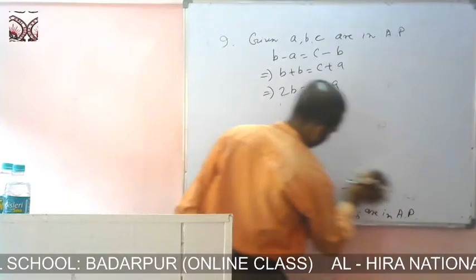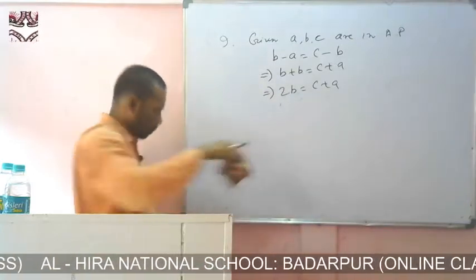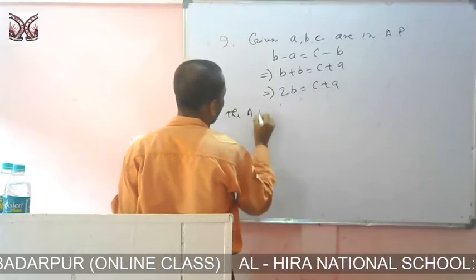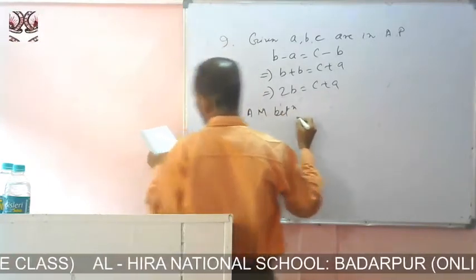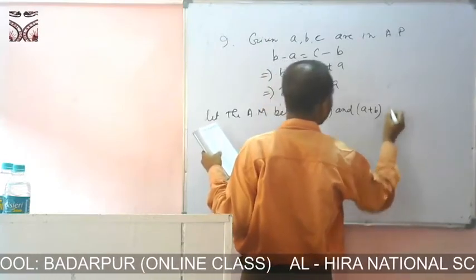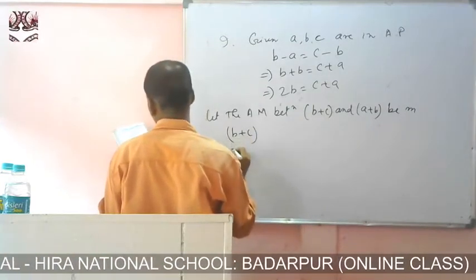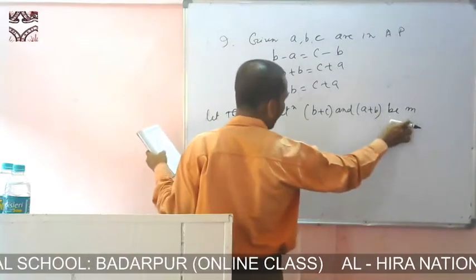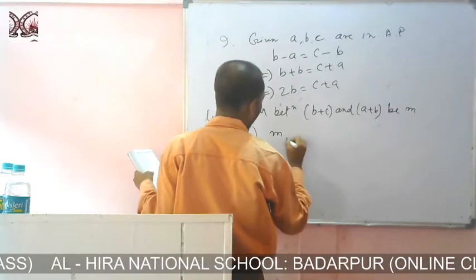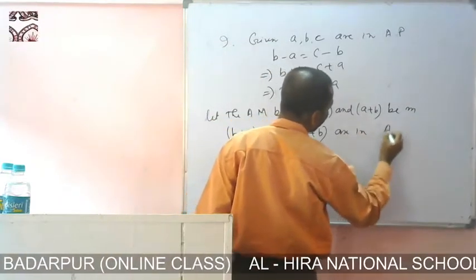Now let the AM between B plus C and A plus B be M. Then B plus C is the first term, and if it is the AM, meaning the middle one, the middle will be M, and the last will be A plus B. These are in AP.